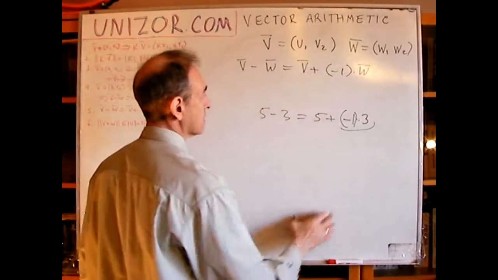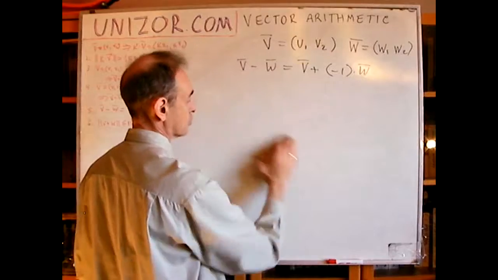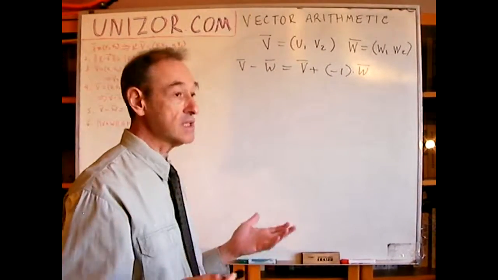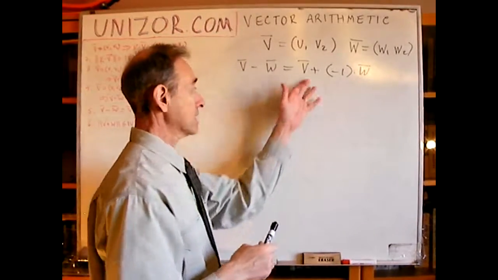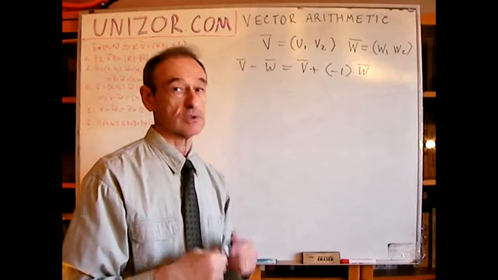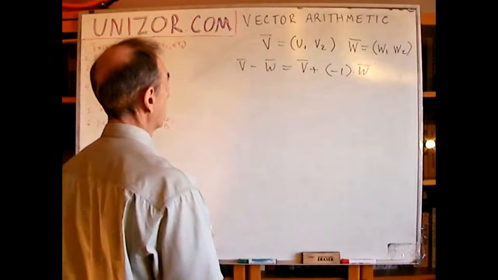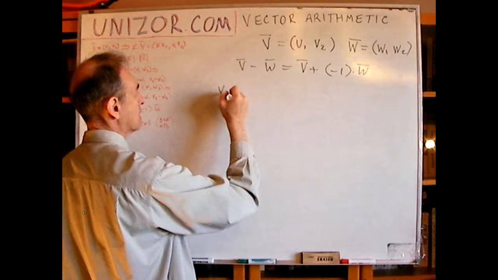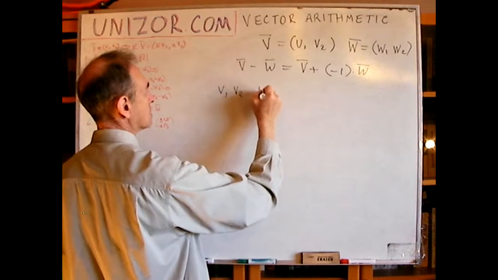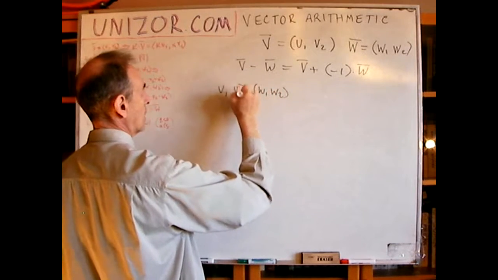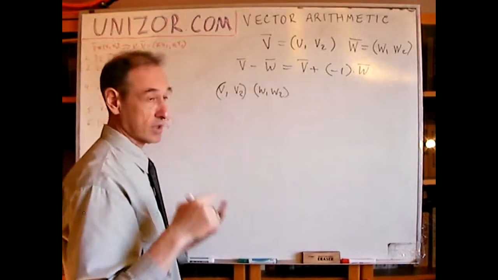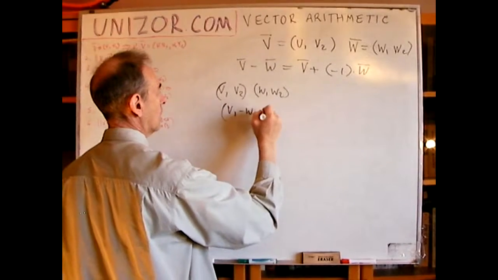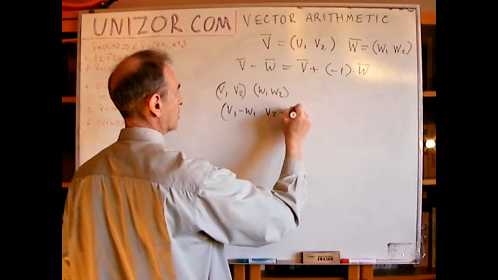Now, with vectors, it's very simple actually to show. Well, one of the easiest ways, for instance, is, okay, let's consider coordinate representation, tuple representation. Now, what do we have in this case? Well, the representation of this is V1, V2, this is W1, W2, and the difference we already know by previous problem is V1 minus W1 and V2 minus W2.